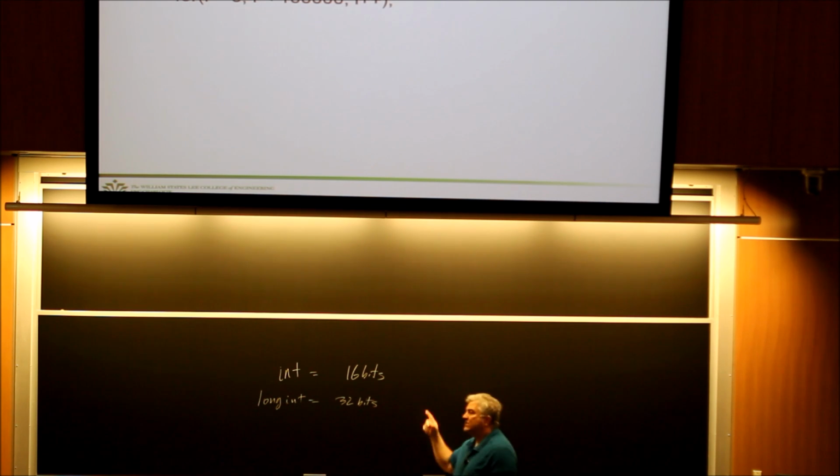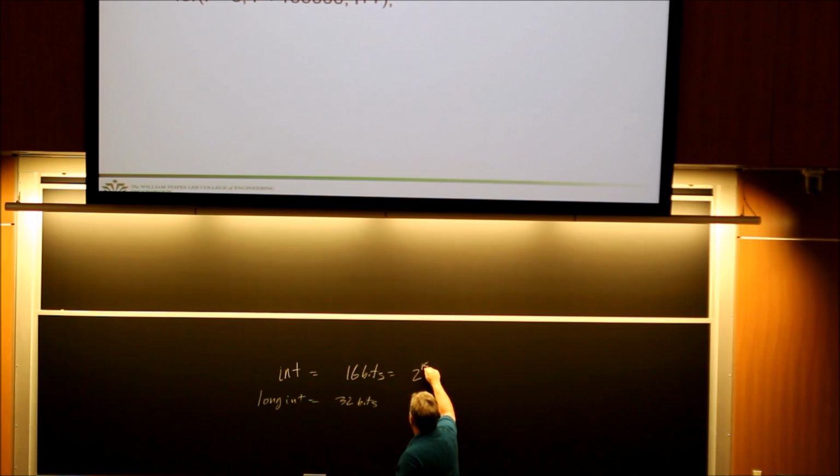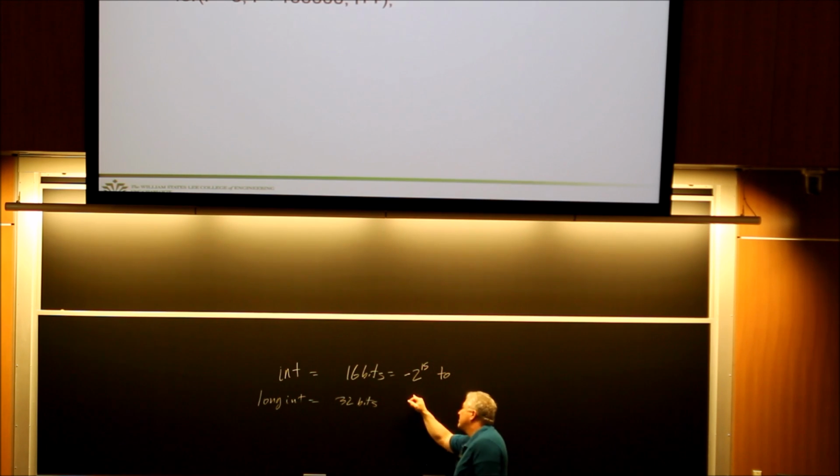So if we use 16 bits to represent the value of a number, you could represent numbers from minus 2 to the 15th to positive 2 to the 15th minus 1. That's the range of those numbers. And what's the range of these numbers?